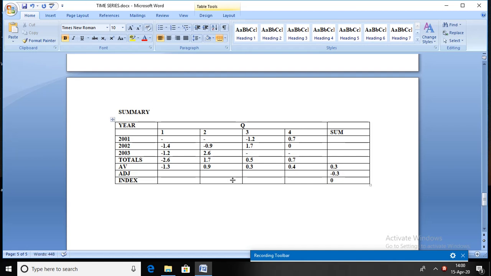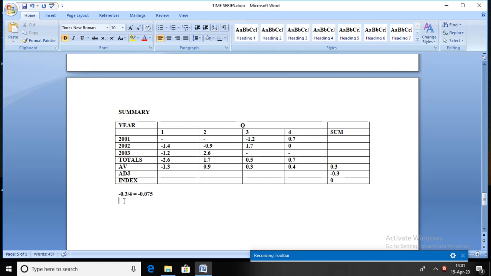So let's adjust. All we need to do is subtract 0.3 from the average figures we have, and we call those adjustments. So take the negative 0.3 divided by 4, because you have to share that amongst the 4 values. What you get should be a negative 0.075.